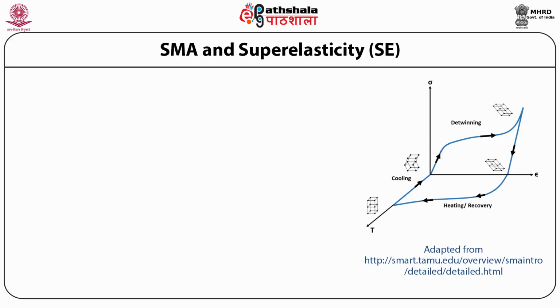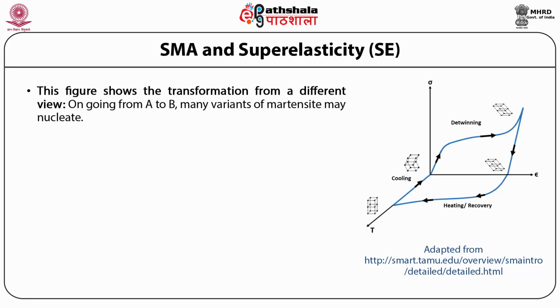This stress temperature transformation also involves the straining of the material, and hence a more complete picture is obtained when we add another axis for the strain. This is clearly shown in this figure.